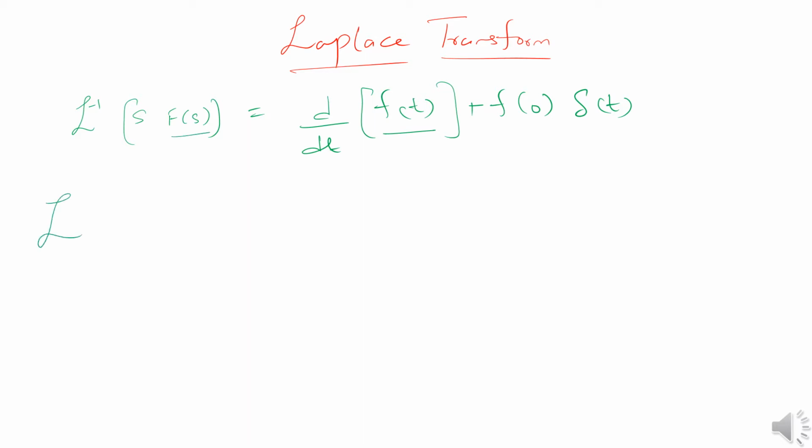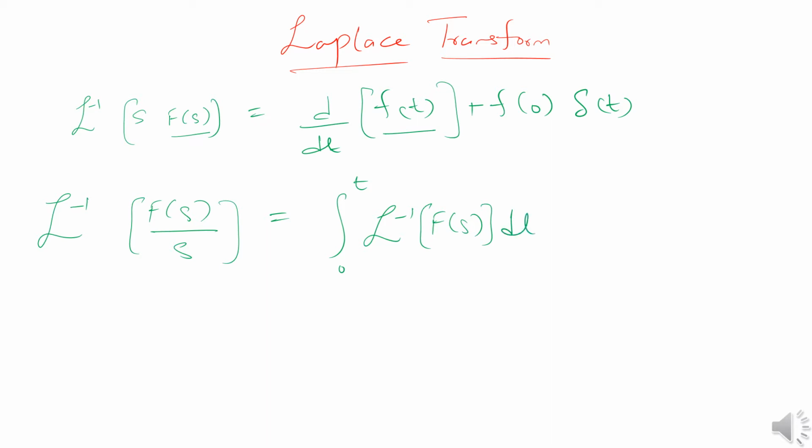The Laplace inverse transform of function of s divided by s is given by the integral from 0 to t of the Laplace inverse of the given f of s dt, or we can write it as the integral from 0 to t of function of t dt. So this function of t is the inverse transform of this function of s.